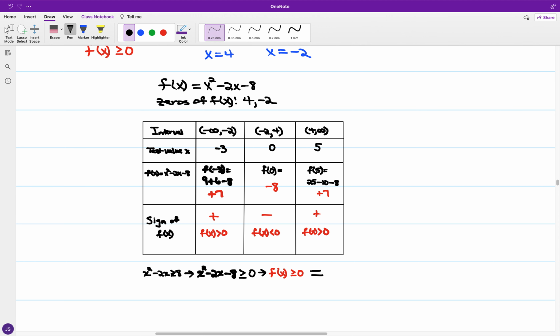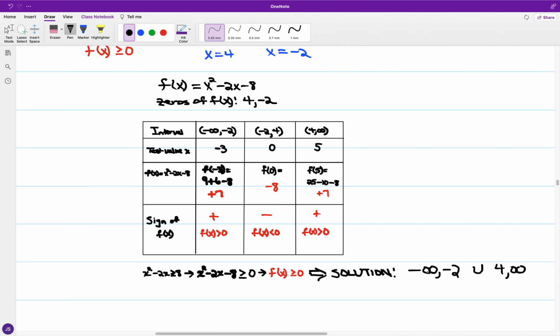Now as an interval solution, I'm also going to apply this as a graphing solution. For f of x greater than or equal to 0, we're referencing the limits of negative infinity and -2, and also 4 and infinity.